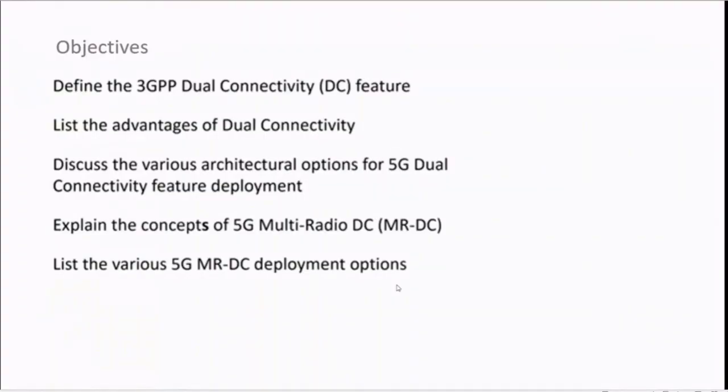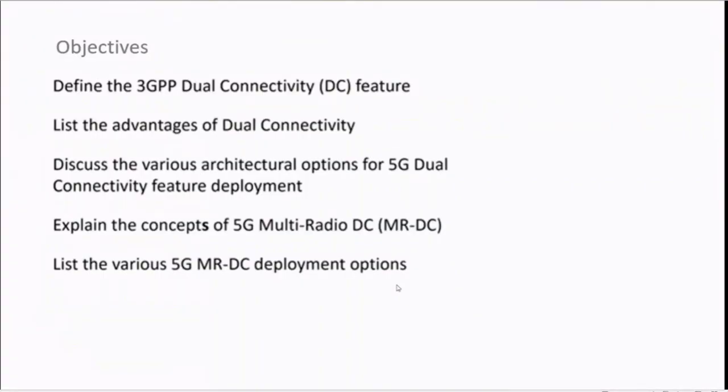And we'll talk about some concepts related to multi-radio dual connectivity as well, okay? And in the end, we'll list the various 5G multi-radio dual connectivity deployment options. As I said earlier, in case of 5G, there will be standalone options and non-standalone options as well. Okay, so we'll talk about all those options in this chapter, which is 5G deployment options.